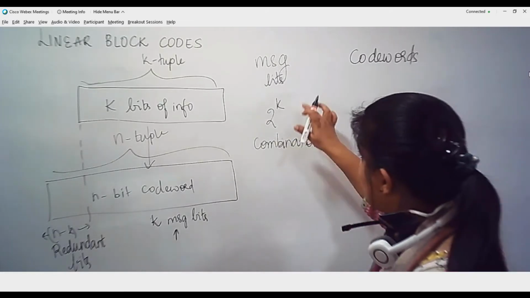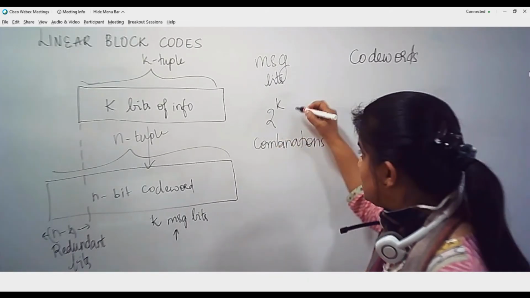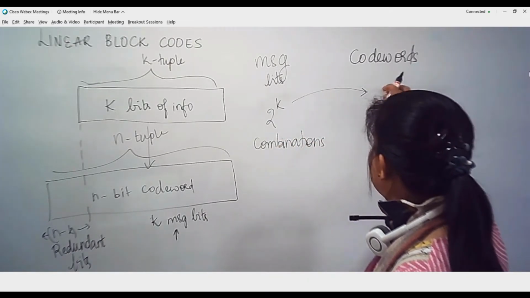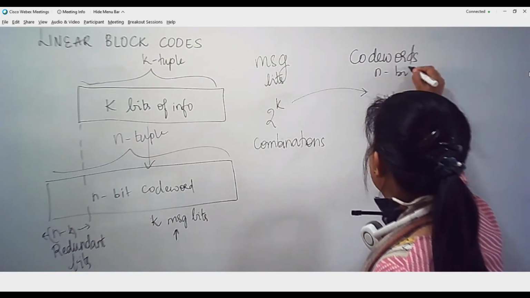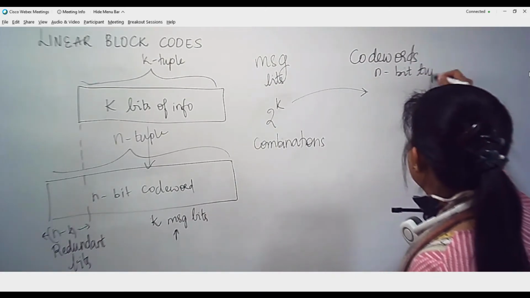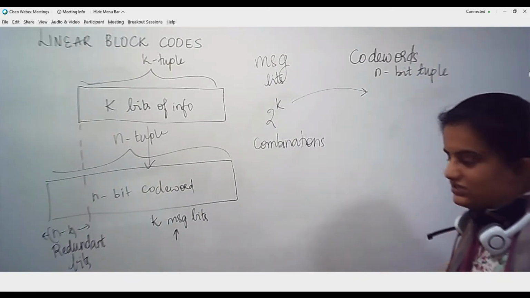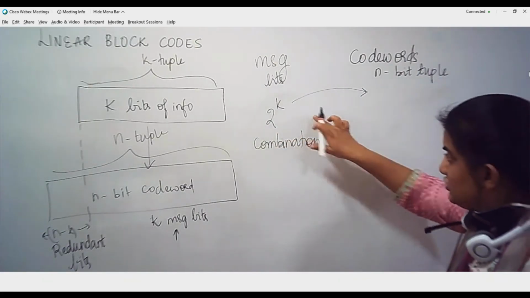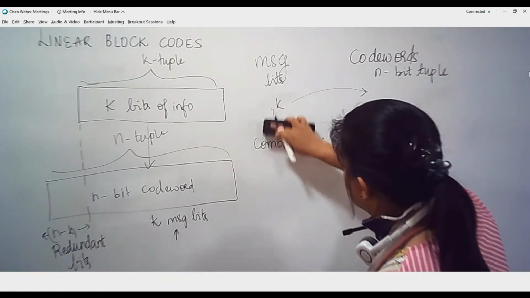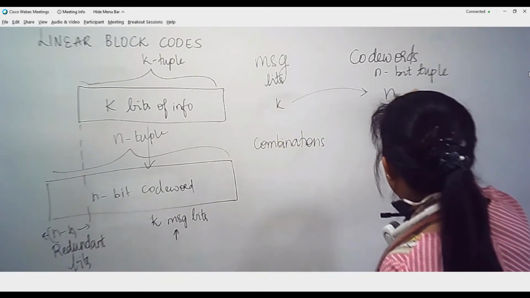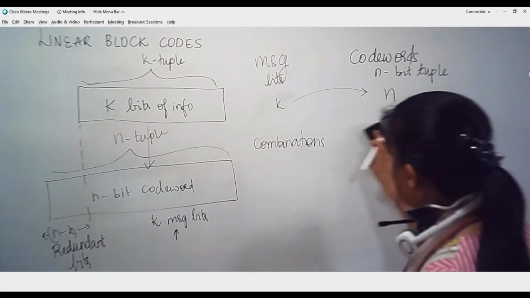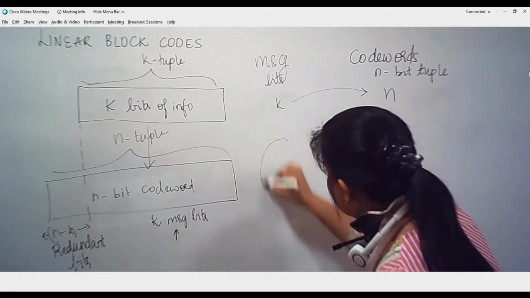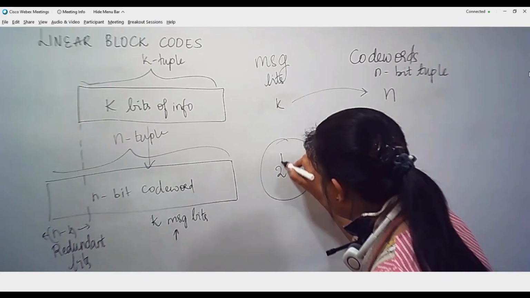So, each one of these 2 power k combinations will have the code word defined in an n bit tuple or in an n dimensional space. That means this k bit combination is getting converted into an n bit combination such that we have a smaller space over here. How many combinations are there?